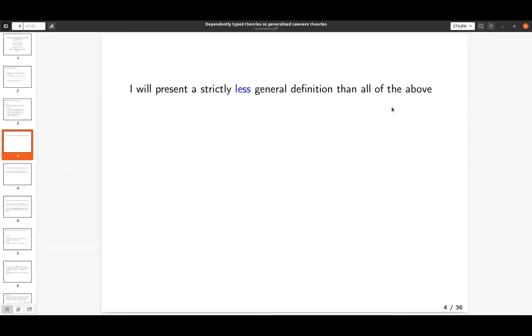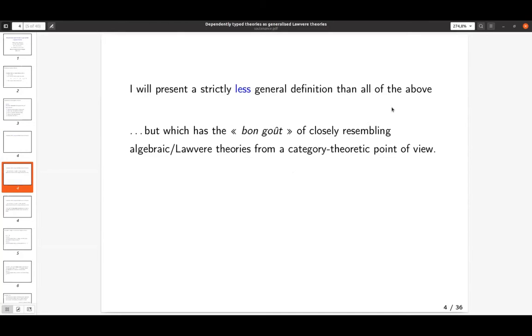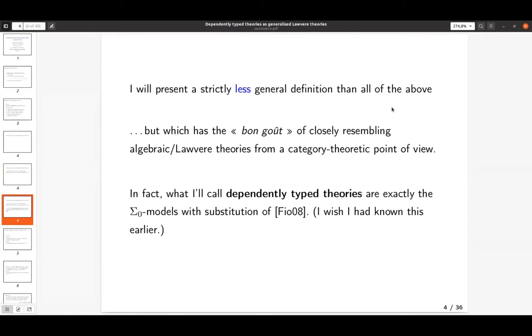But why do I find it interesting? It's because it is quite well behaved. It's well mannered. It resembles algebraic theories from the point of view of category theory extremely closely. And in fact, it's not even something that's very new.